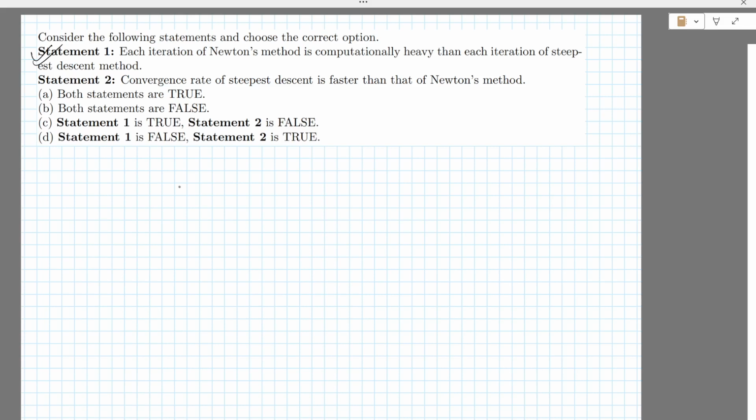The next one says steepest descent is faster than Newton's method, which seems to be false. I think Newton's method will be faster. The third requires inverse calculation. Convergence rate of steepest descent. You're saying Newton? Yeah, correct, Newton's method is faster.